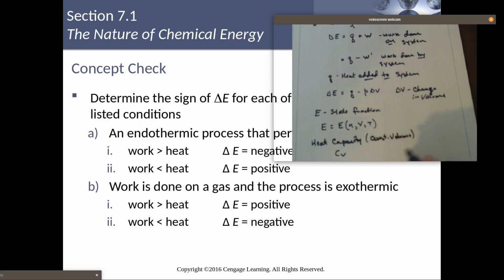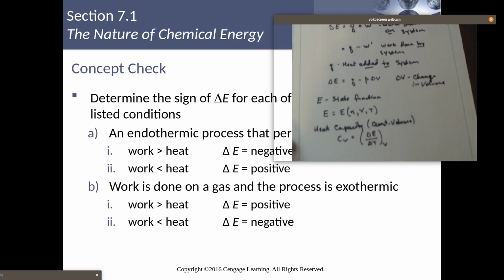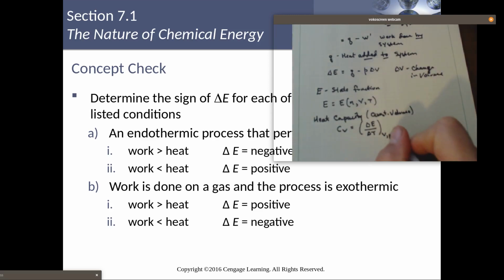And CV in the most general case is going to be the change in the energy of the system as I change the temperature of the system keeping the volume constant. Now I'm writing it out, and also I would keep the number of moles constant.